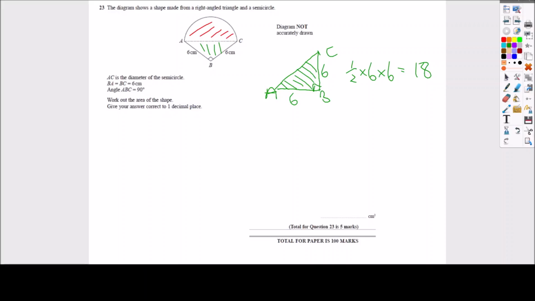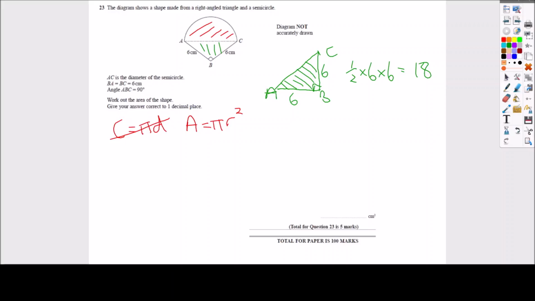Now, we need to work out the area of the semicircle. So you need to be able to quote the formulae for the circle. So you need to have learnt that: cottage pie's delicious, apple pies are too. Got to learn that, okay? So we've got the formula for the circumference and the formula for the area. Well, obviously on this occasion, it's all about area, so we can cross that one out.